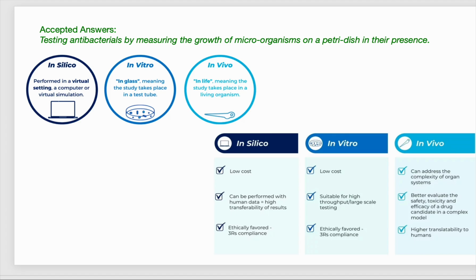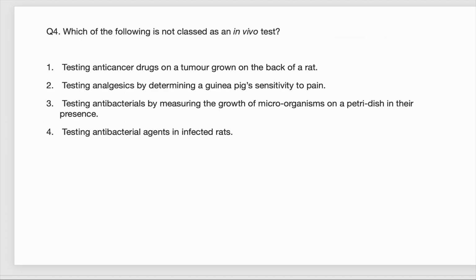In vitro is in glass, meaning the study takes place in a test tube or a petri dish. In vivo means in life, that is, a study that takes place inside an organism. So that's broadly what the difference is.